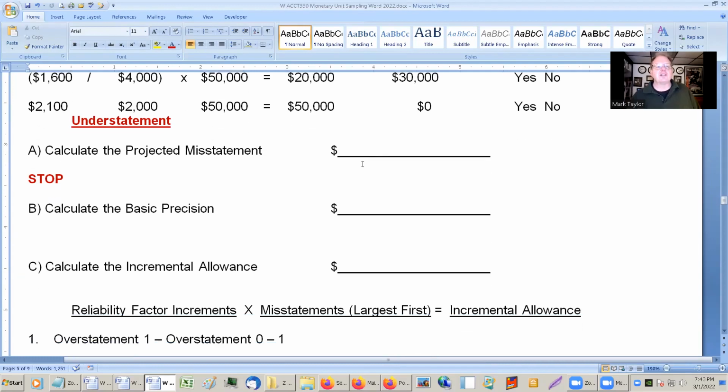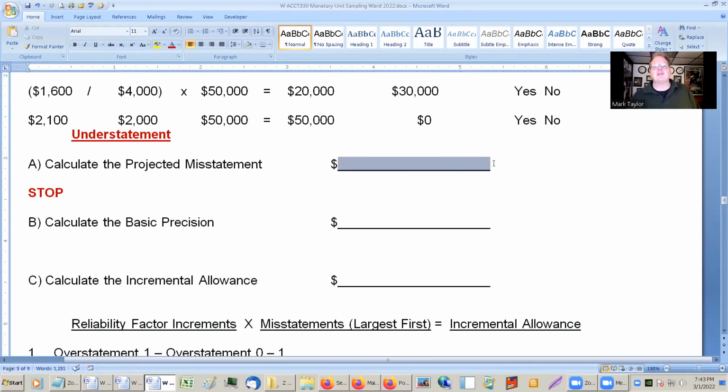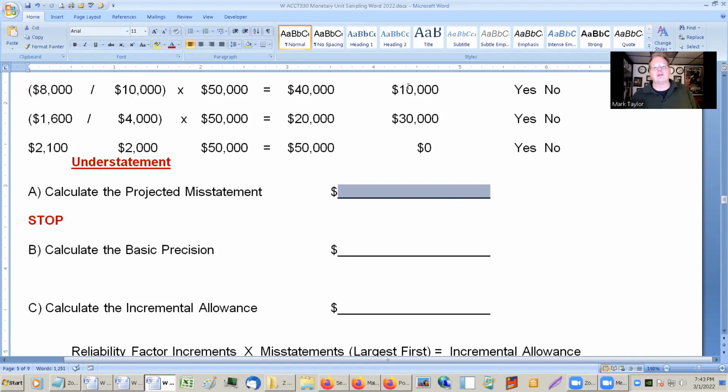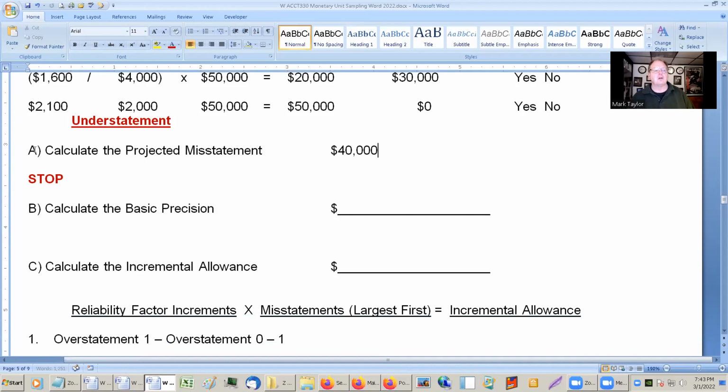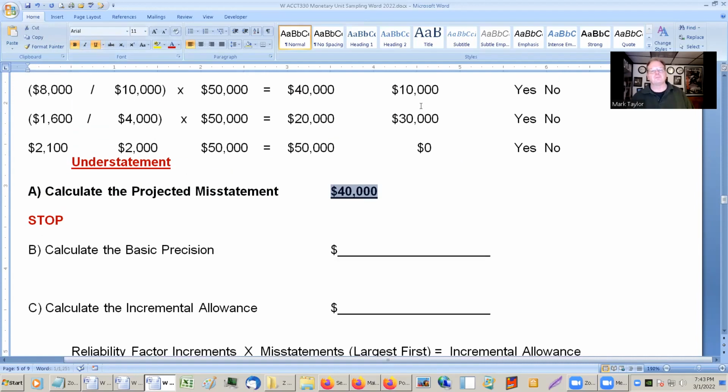Okay, so the projected misstatement is 10,000 plus 30,000 is 40. Just those two.